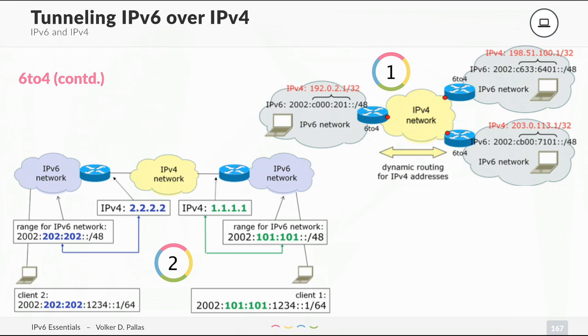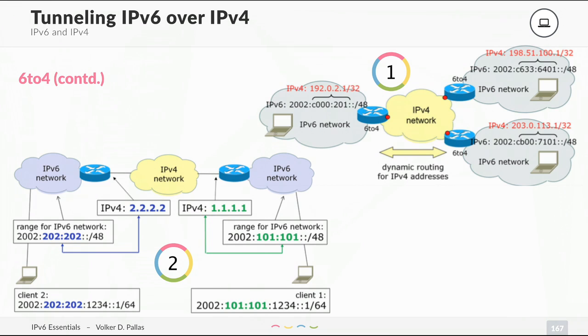The first figure on top, we have IPv6 networks on the left, on the top, and on the bottom. And in the middle, we have an IPv4 only network, maybe the internet. Networks using 6 to 4 are always addressed from the prefix 2002::/16. The next two parts are comprised of the IPv4 address that is just not displayed in decimal notation, but in hexadecimal.